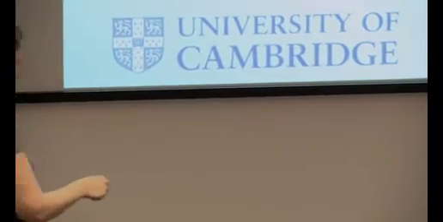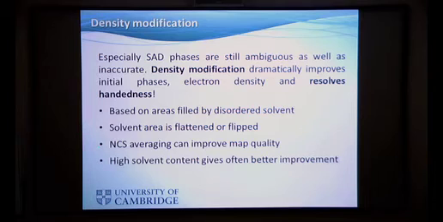It's not very structured, while the protein will be a very peaky region of distinct electron density features. And that can be exploited. Also, some programs use NCS averaging to a great advantage to improve the map quality, and a high solvent content, while it usually means some other problems earlier, here gives the better improvement.